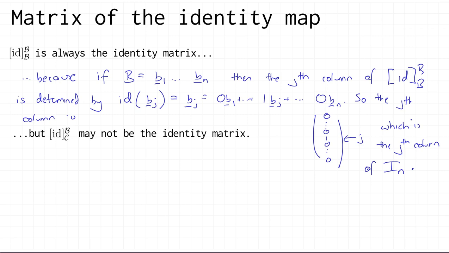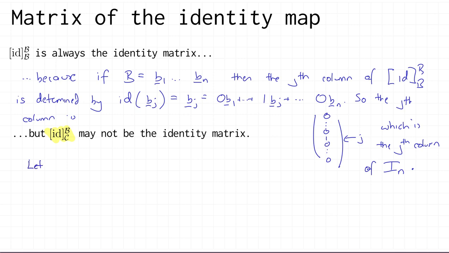But on the other hand, if you take the matrix of the identity with respect to different bases, if they really are different, then this will never be the identity matrix. So as a simple example, let's take the matrix of the identity on R squared with respect to two different bases.